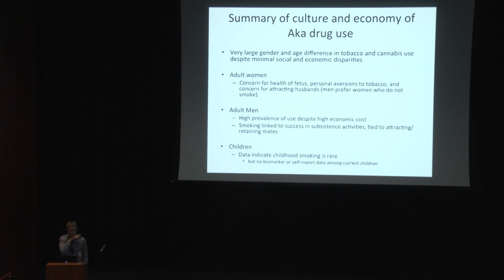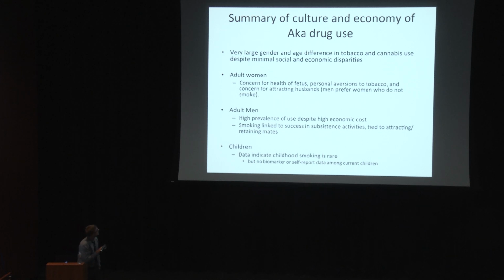So just to summarize this culture and economy, we see a very large gender and age difference in tobacco and cannabis use, despite those social and economic disparities being minimized. Now, among adult women, we're arguing that it's a concern for the health of a fetus, personal aversions to tobacco, and a concern for attracting husbands that are really shaping their smoking behavior.